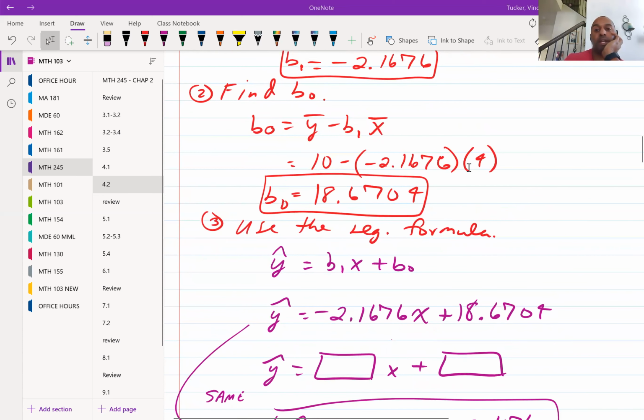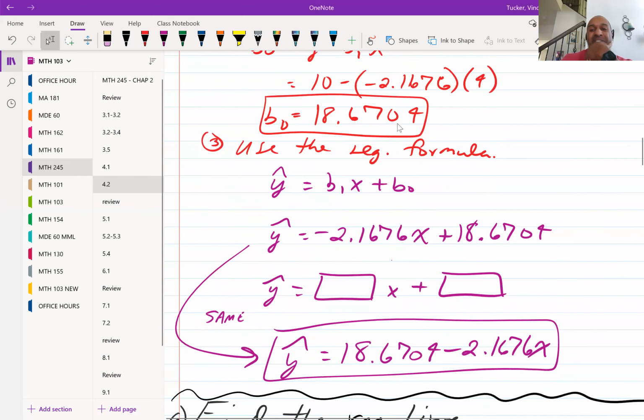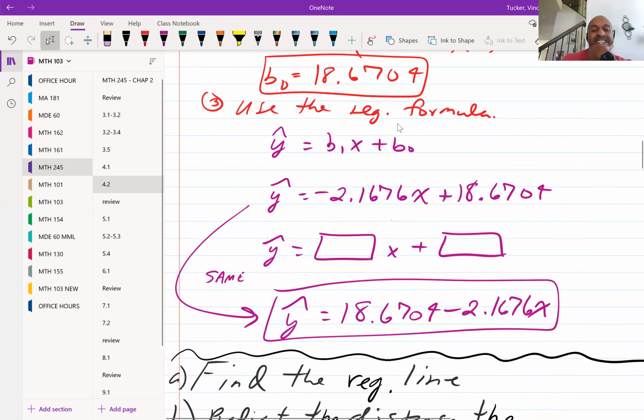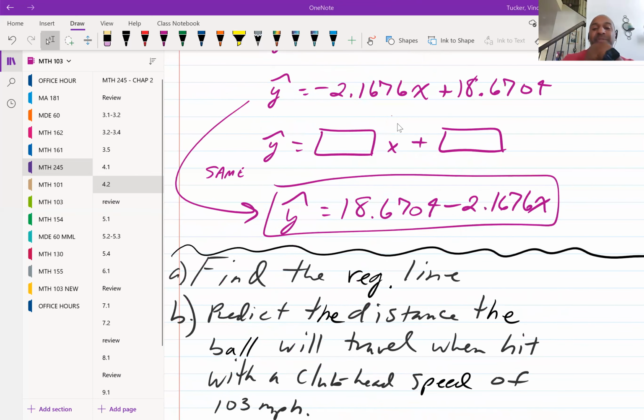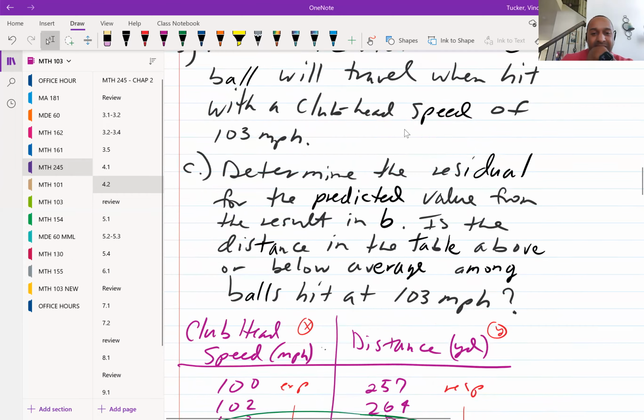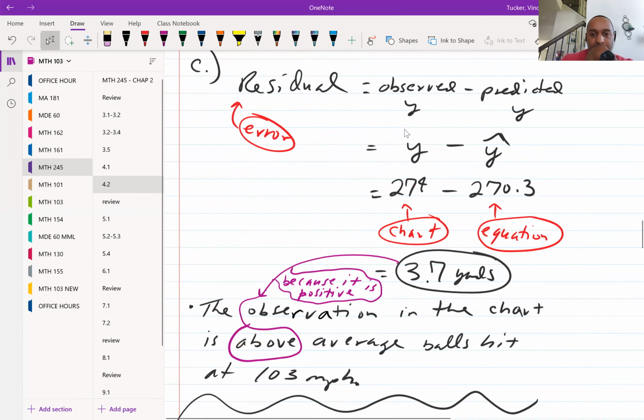Okay, yeah, you would just put it in the calculator. Unless you want to do it by hand, feel free. The calculator would be easier.